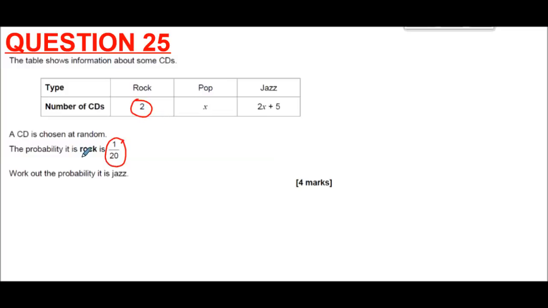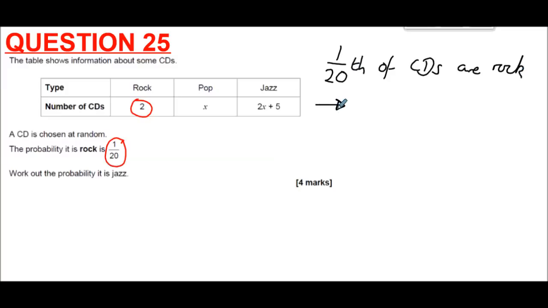And so because the probability of picking a rock CD is 1 out of 20, that means that 1/20th of the CDs must be rock, based on that piece of information.